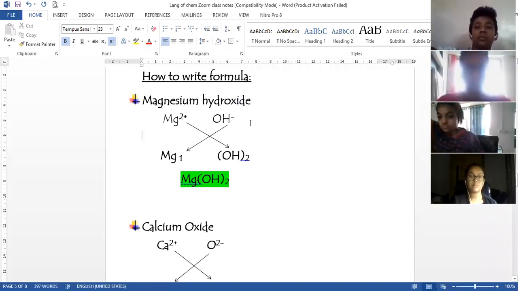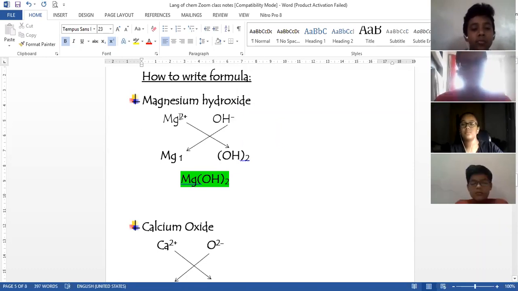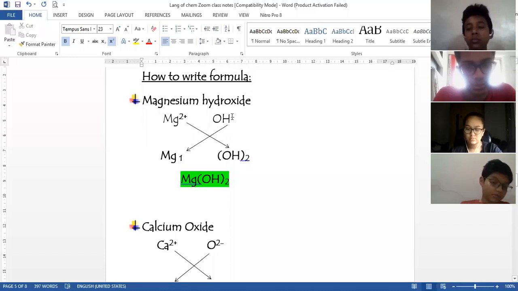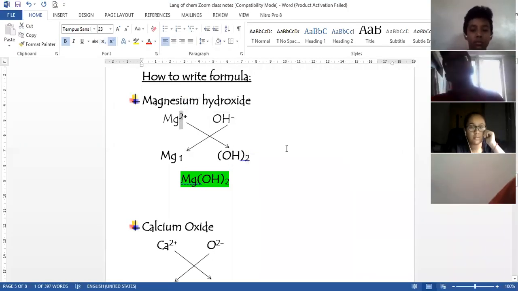The next step is to interchange the valencies, which means the valency of hydroxide goes below magnesium and the valency of magnesium goes below hydroxide. We only take the numbers, not the plus or minus signs. Hydroxide has -1, so I'll write 1 below magnesium, and I'll write 2 below OH, that is the valency of magnesium.